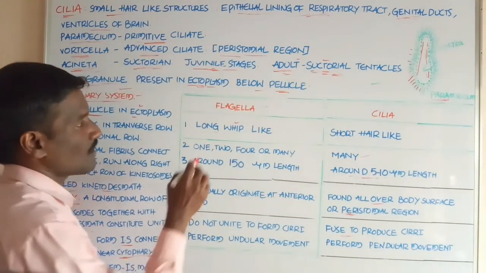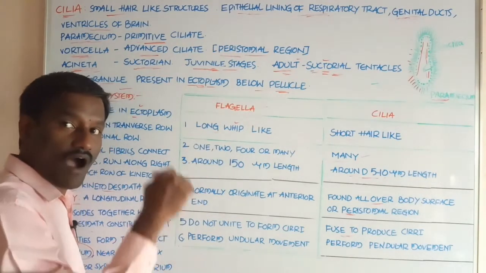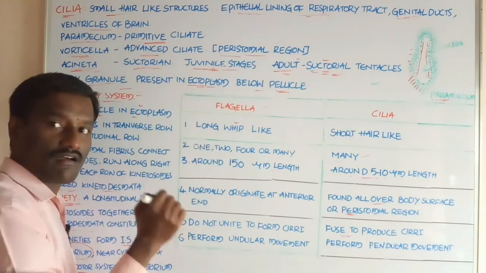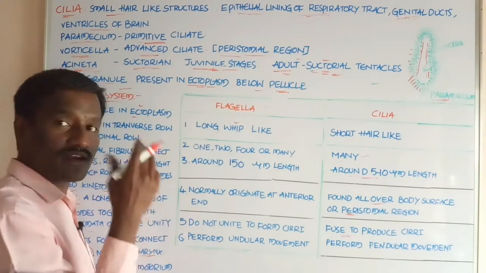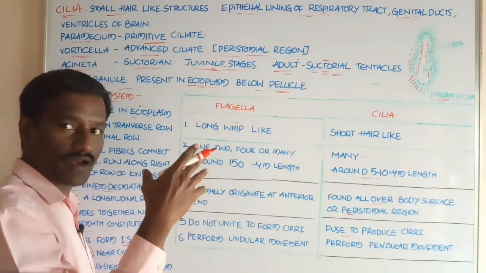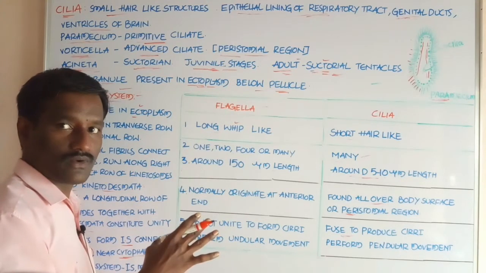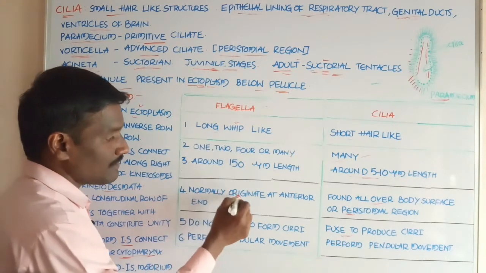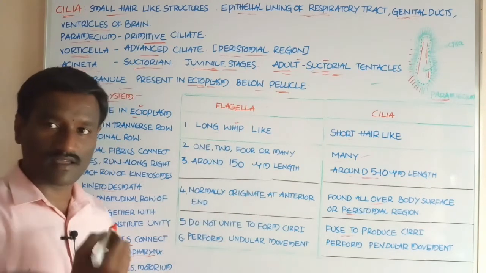Next, flagella normally originate at the anterior end of the body. Anterior means the first part of the body, like the head region in highly developed animals. If you observe Euglena, the flagellum is present at the anterior end of the body.